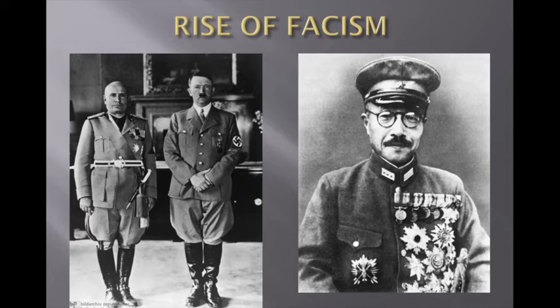The dictators were Mussolini in Italy, and then Germany, of course, it had Hitler. And these are the two gentlemen you see here. This gentleman was Tojo, who was also a fascist, and he was a leader in Japan.